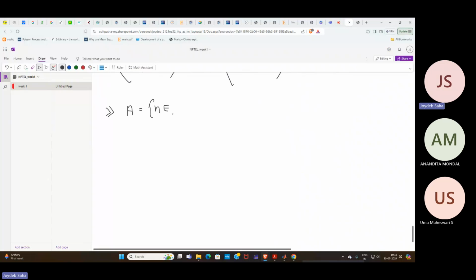A is the set of n such that n belongs to Z. Z means all integers. And the condition is 0 less than or equal to n less than or equal to 5. This is set A, and there is another set B.